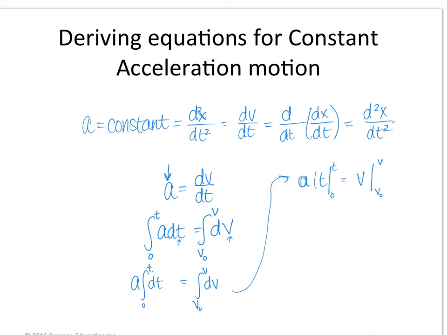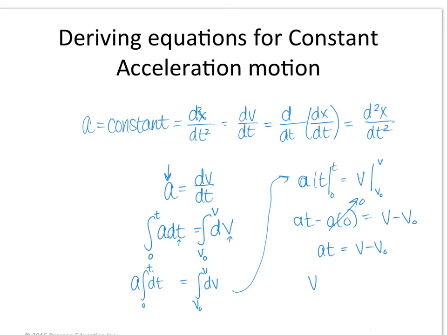When you evaluate at those limits, remember I'm going to get a times t minus a times 0. That's evaluating at these two limits. And I'm going to get v minus v naught. So this is just 0. So I'm left with at equals v minus v naught.